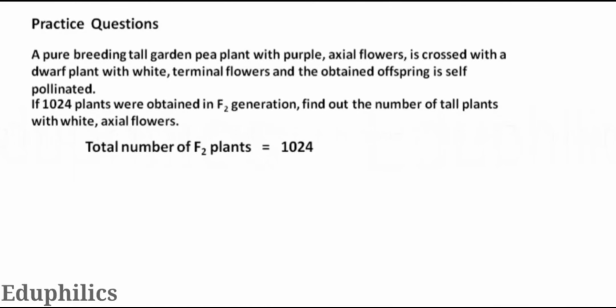Let's find the number of plants with this specific phenotype. Tall is a dominant phenotype, so 3 by 64. White is recessive and axial flowers are dominant to terminal flowers in pea plant.